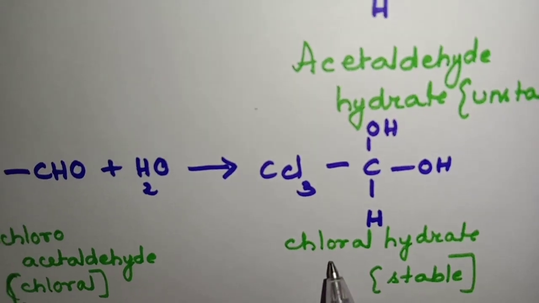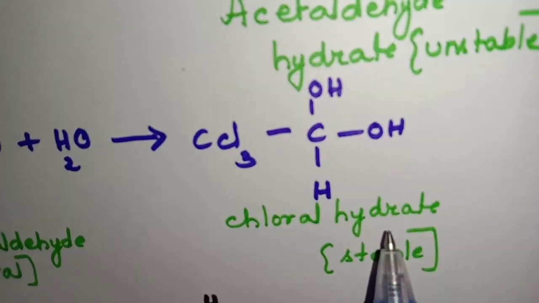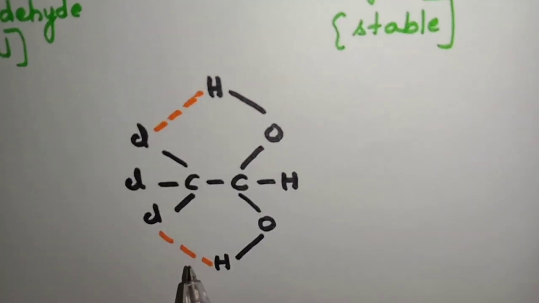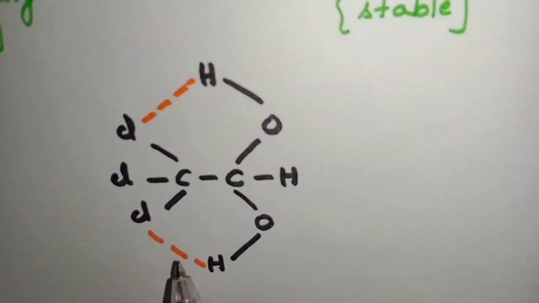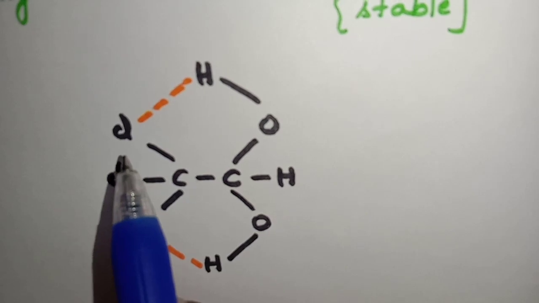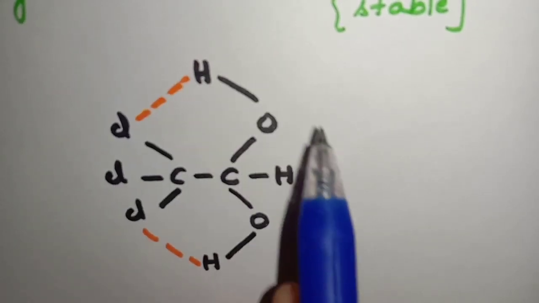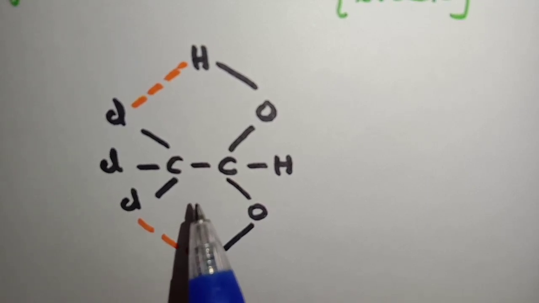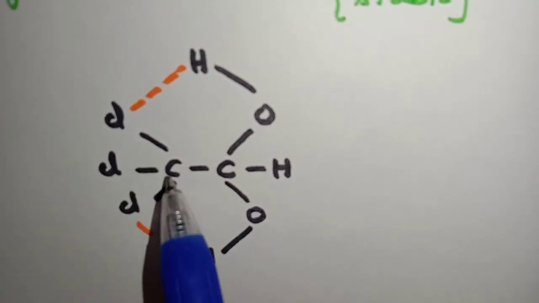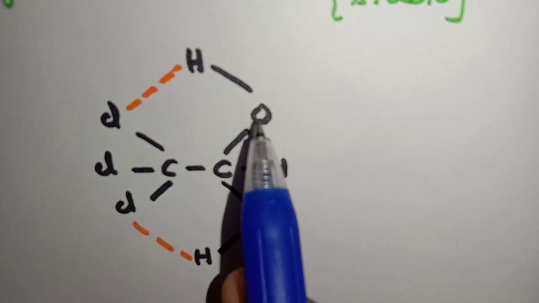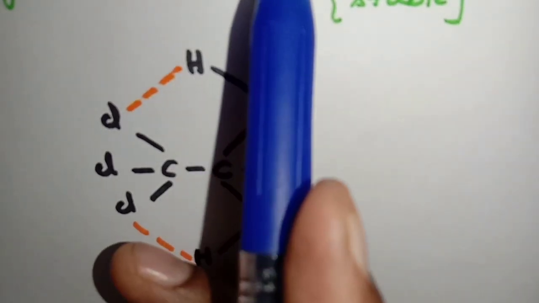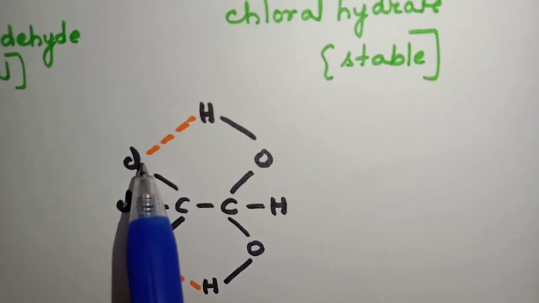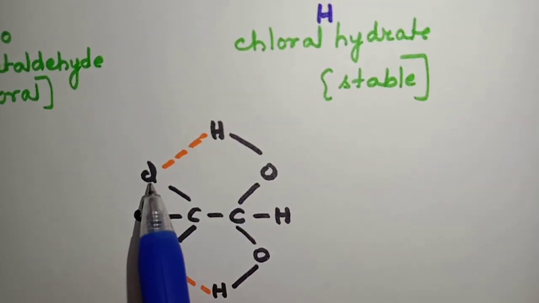The stability of chloral hydrate is also explained by the formation of, look here, hydrogen bonding between chlorine atoms and hydrogen atoms. This compound is chloral hydrate. CCl3, CHOH, OH. Chloral hydrate only I have written like this to show the hydrogen bond between hydrogen and chlorine.